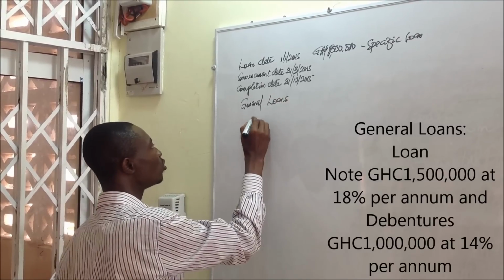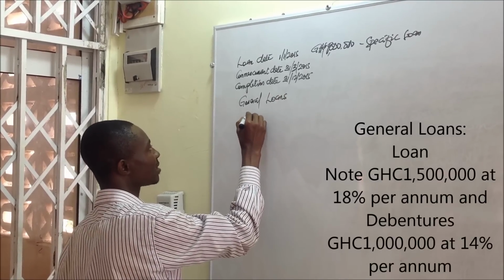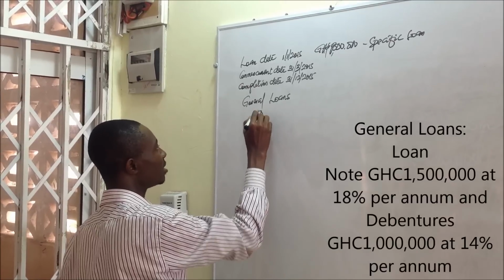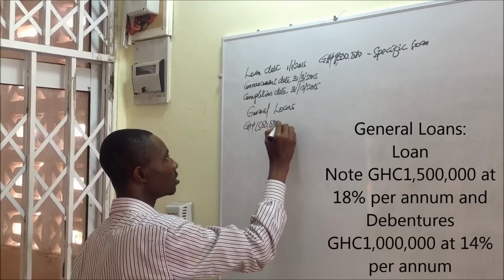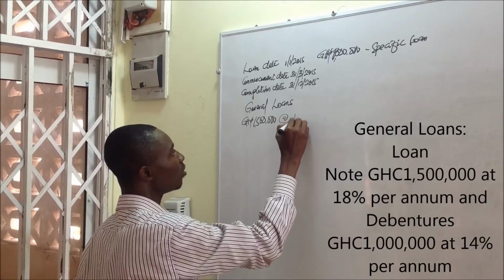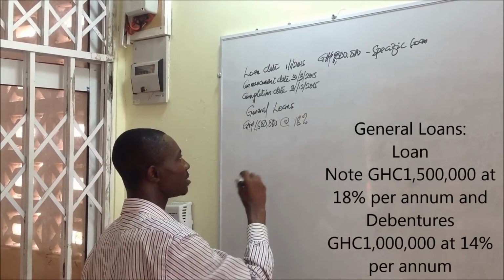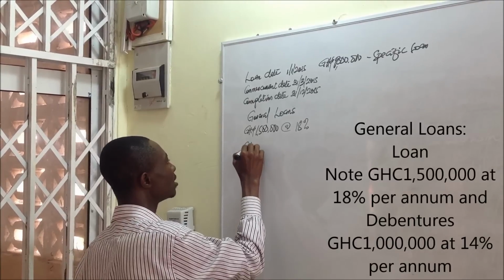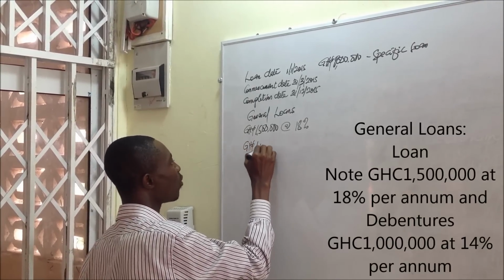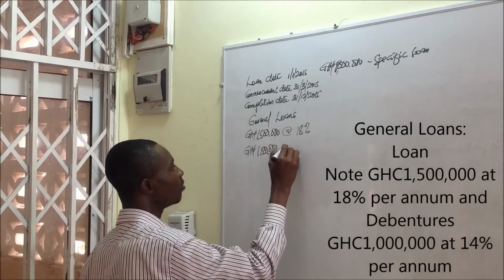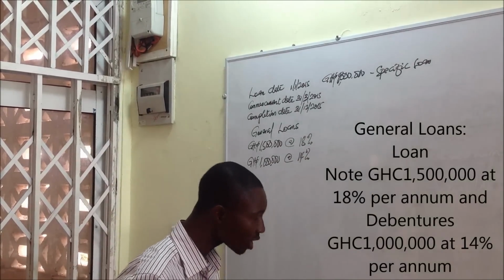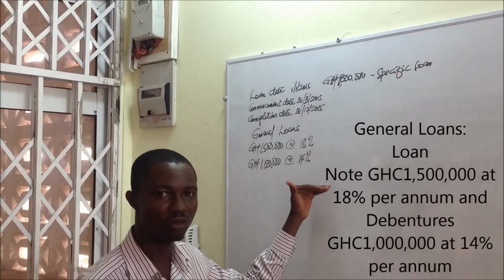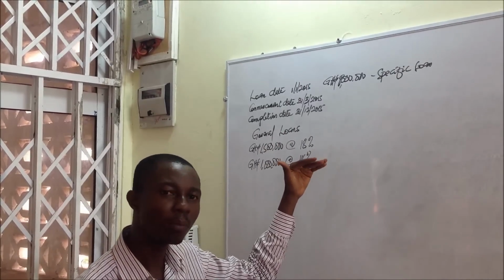Of the general loans, we're told that there is one that is 1.5 million cedis, which is at an interest rate of 18%. Then there is another one, which is 1 million cedis, which is also at an interest rate of 14%. Now, these 2 loans make up the general pool of loans that the company has.